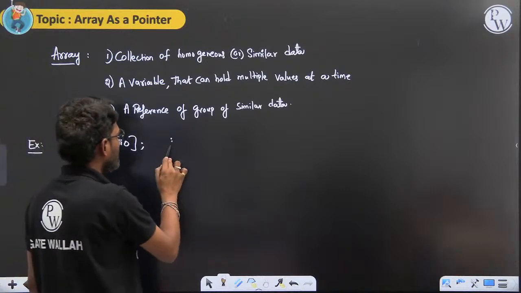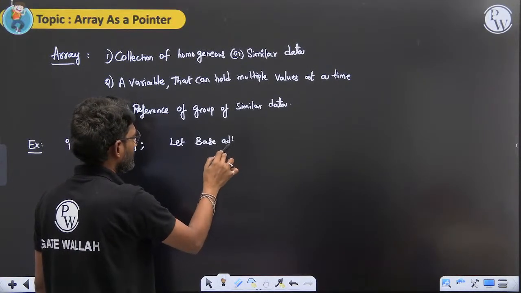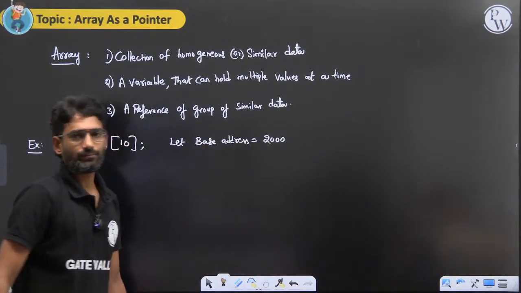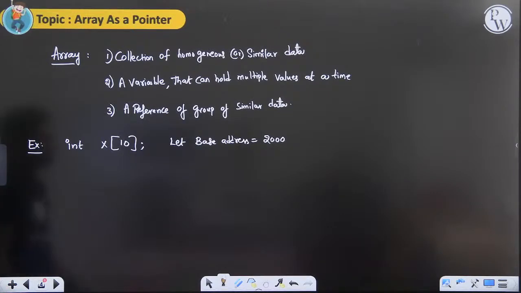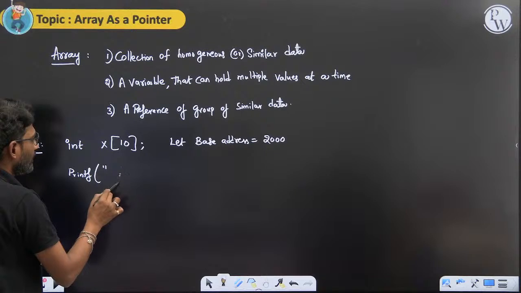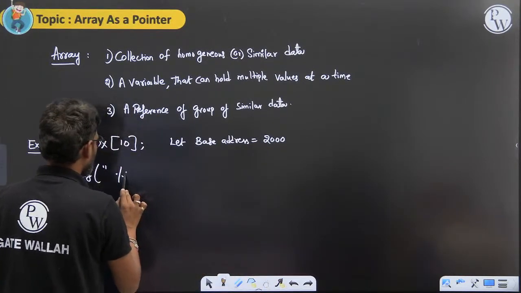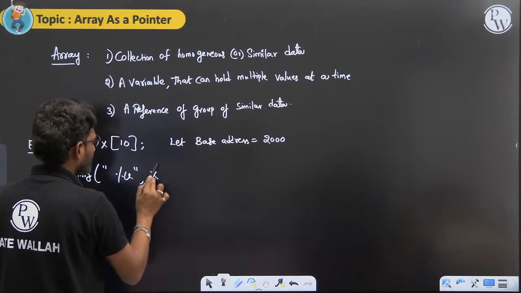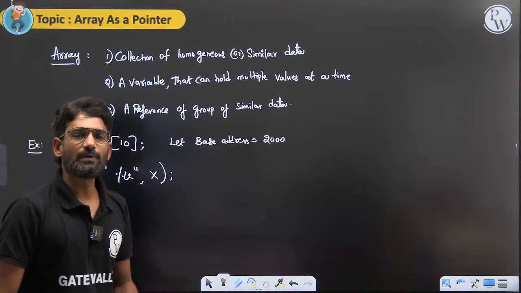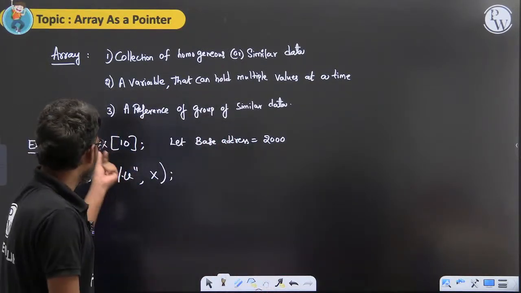Let this array be stored starting from the address, let the base address be 2000. If I try to print x, just x, what will be printed? What have I used to print? The name of the array.